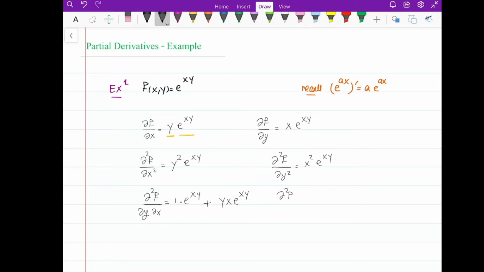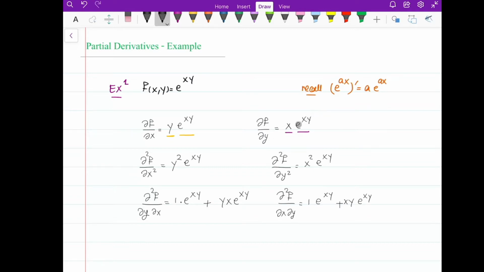And now the second partial derivative with respect to x would be what? With respect to x, I have two terms which are functions of x, and I have a product between them. So the derivative of the first one with respect to x, which is 1, times the second one, plus the derivative of the second one with respect to x, where y is a constant, times the first one.